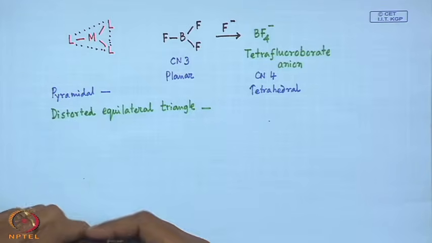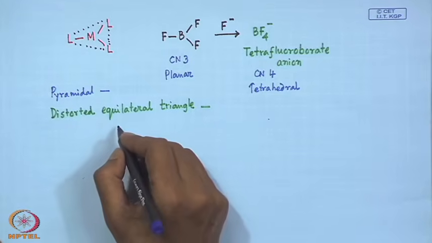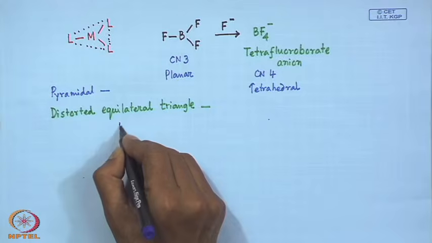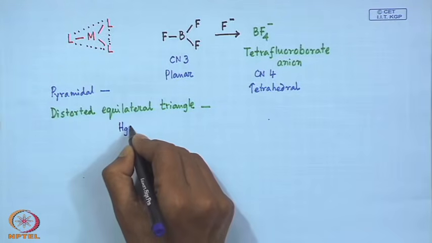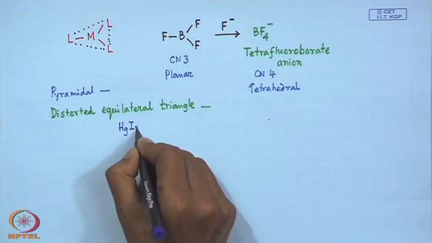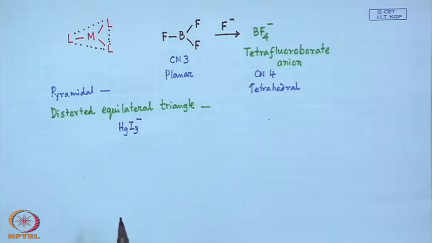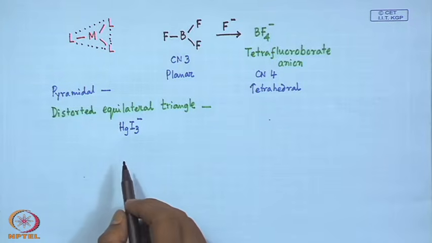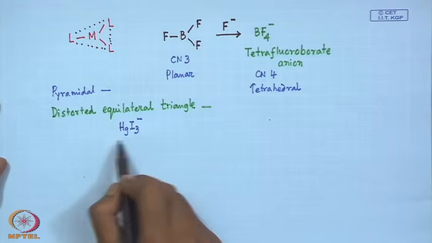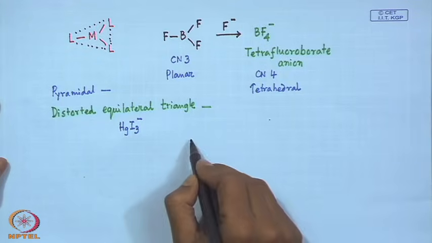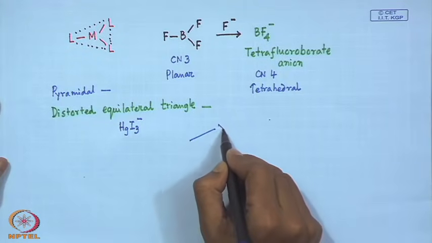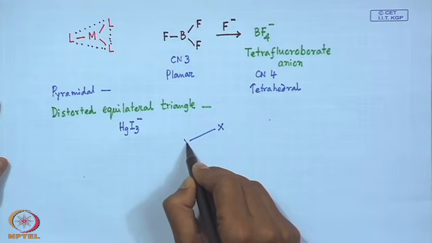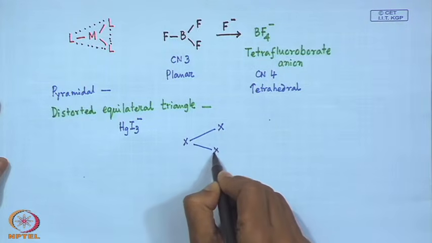And these are also possible with silver triiodide, AgI3 minus, which gives a distorted equilateral triangle geometry. Sometimes the structure moves away from the planar structure which we can have with the 3 ligands.